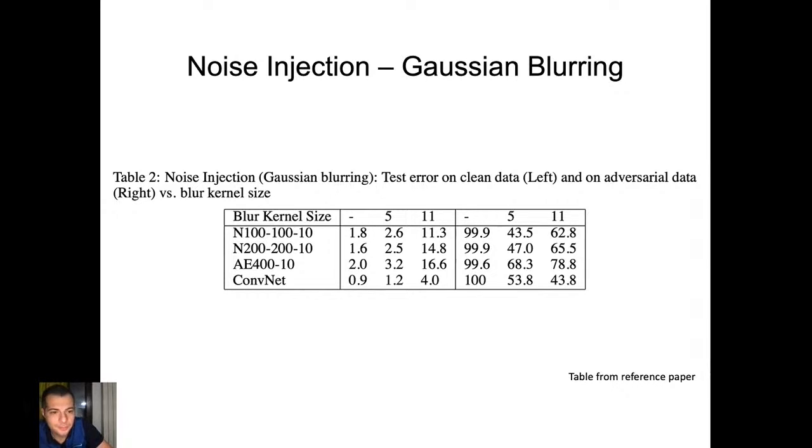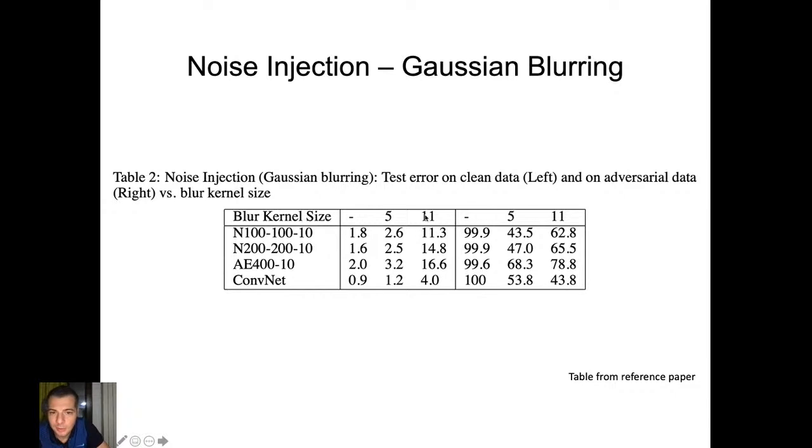Here they see that you can go to a kernel of size up to 5, and you get some good results. But if you go to a kernel with a higher support, then the error rate goes back up here.